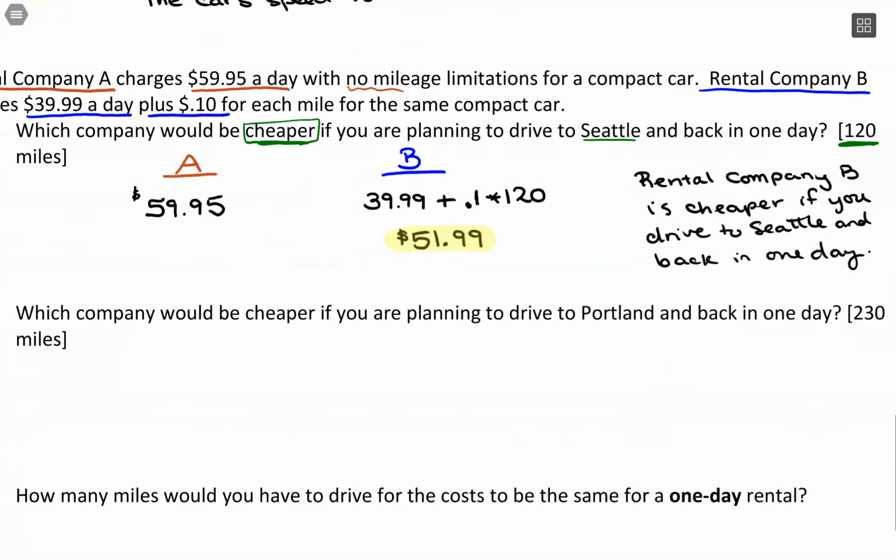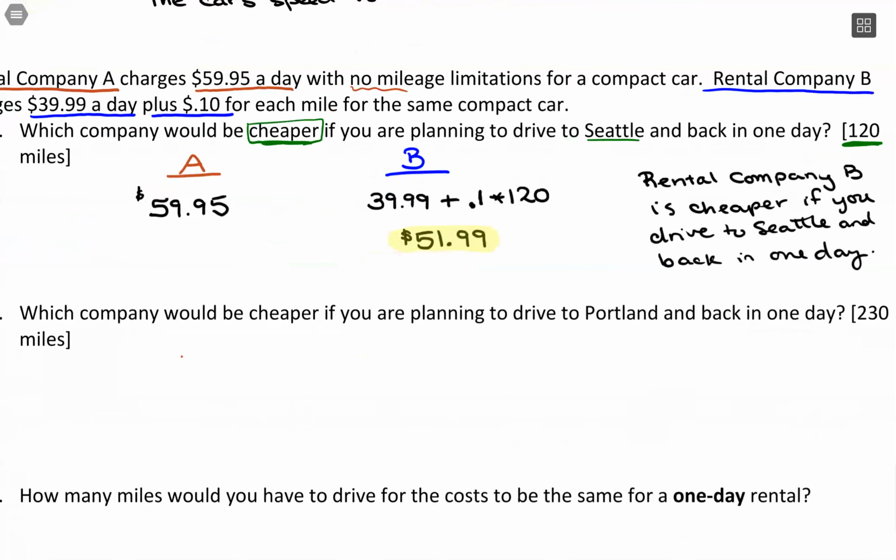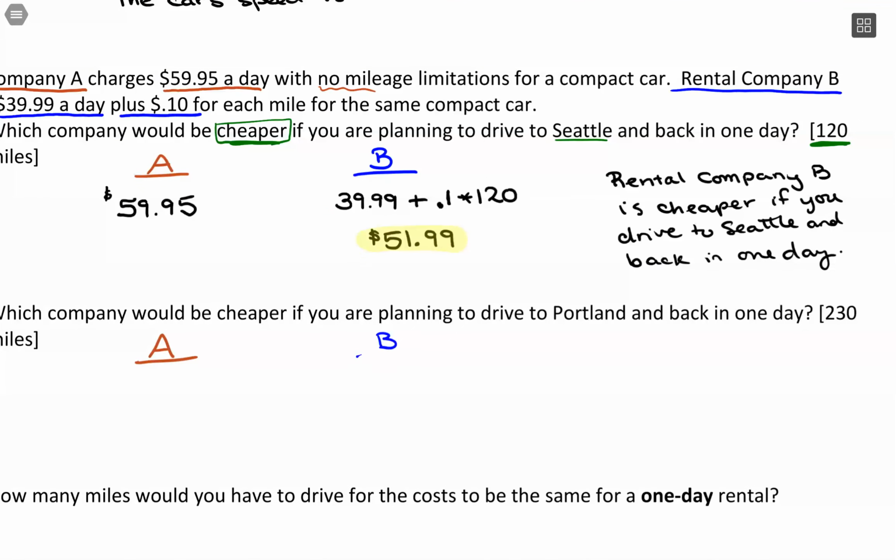All right, with this next one, similar idea, we're just changing the distance. Now we're going to go to Portland, just 230 miles away. For rental company A, if this is a one-day trip, then it's just $59.95. For rental company B, we'll have the $39.99 charge plus 10 cents per mile.